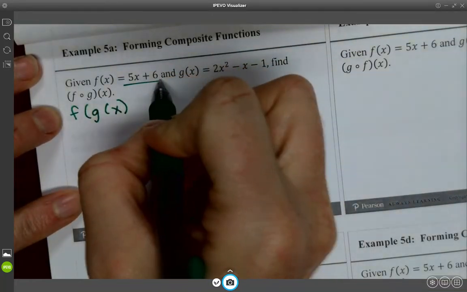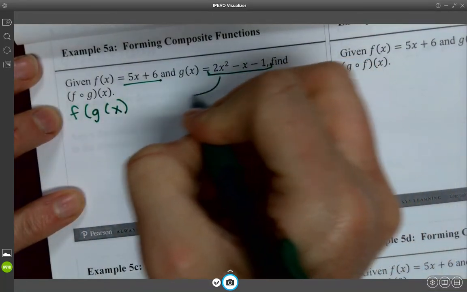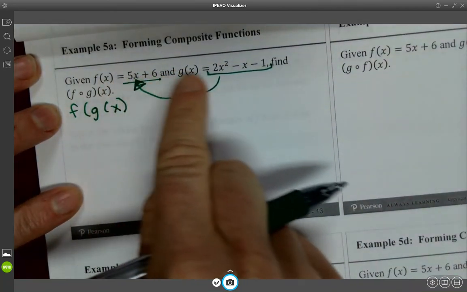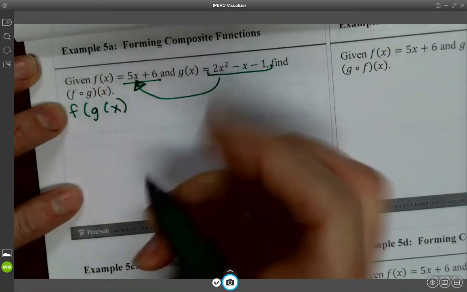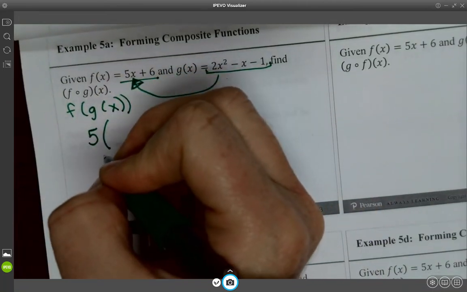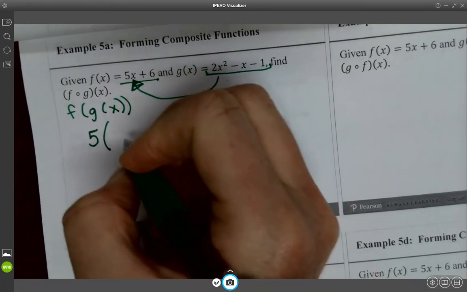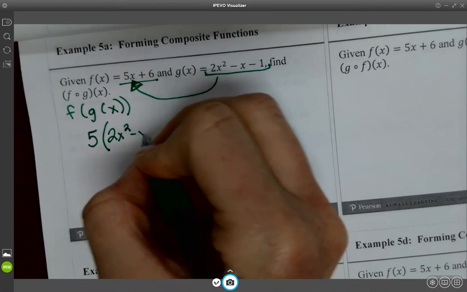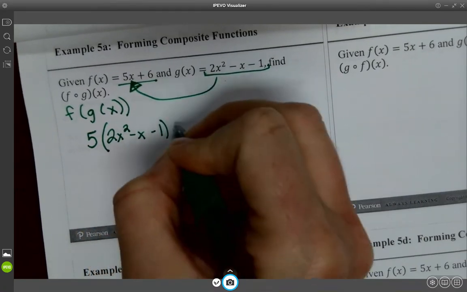So in the f function, I'm going to plug this in for x. I'm using this function to plug in. So it's going to be 5 times 2x squared minus x minus 1.